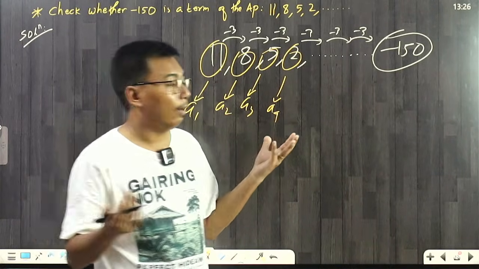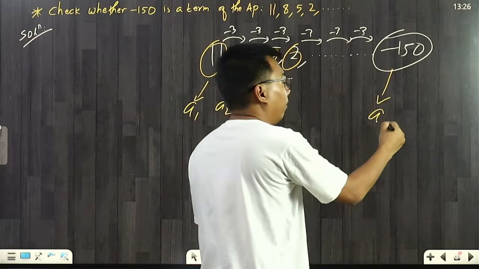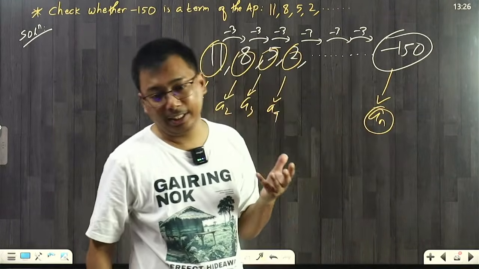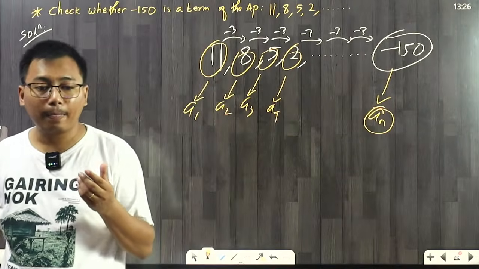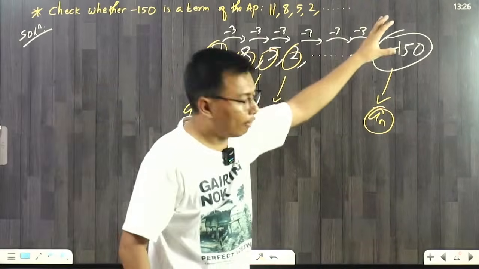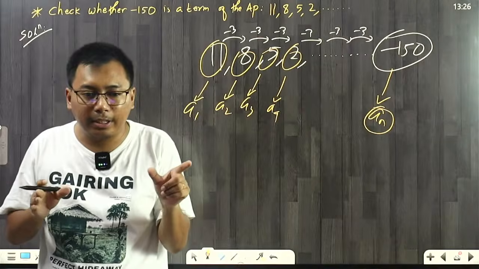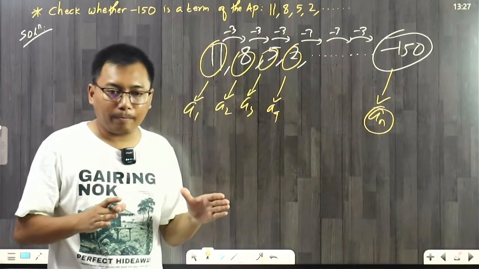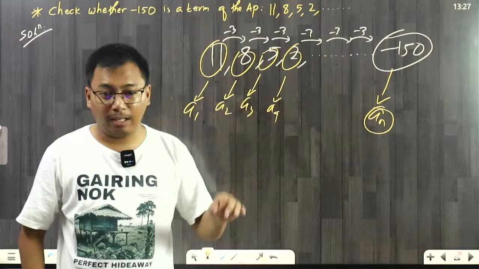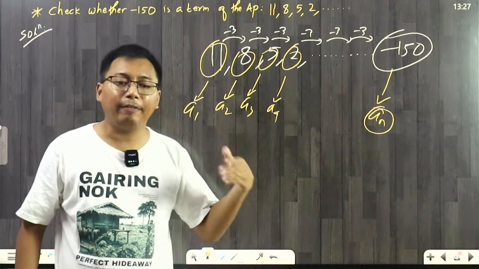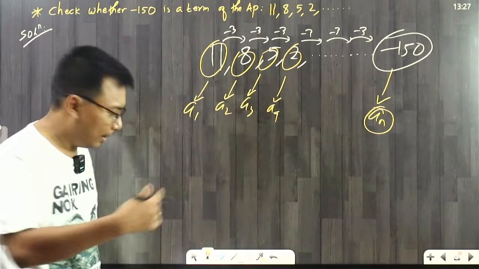So we'll think of it as the last term, which is AN. And we'll find the value of n and check which number term it is, whether it exists or not. Okay, let's see.